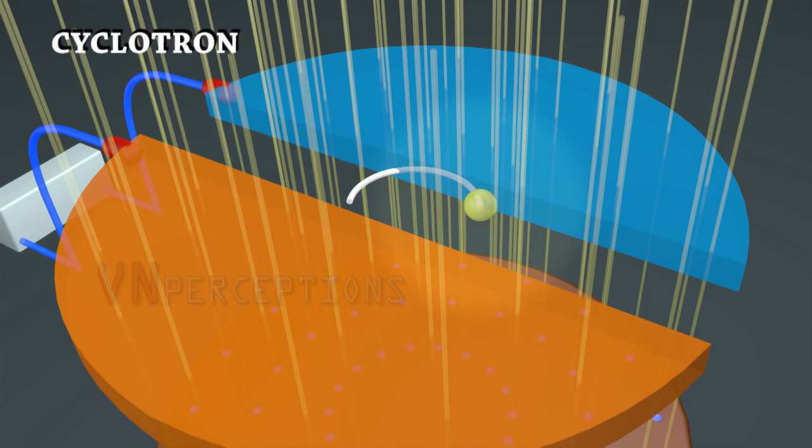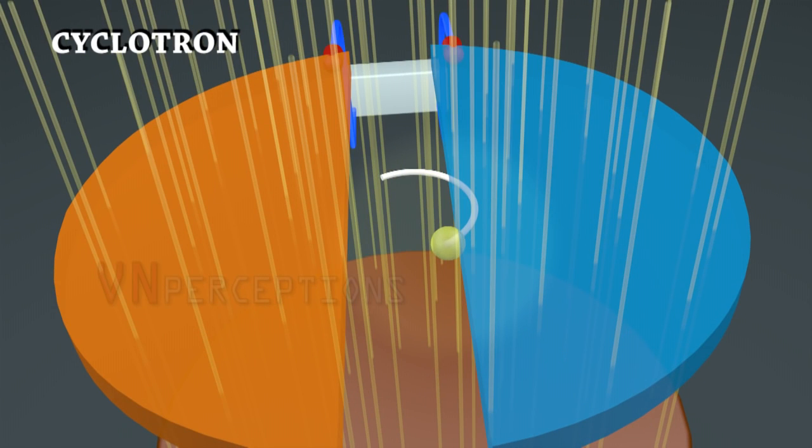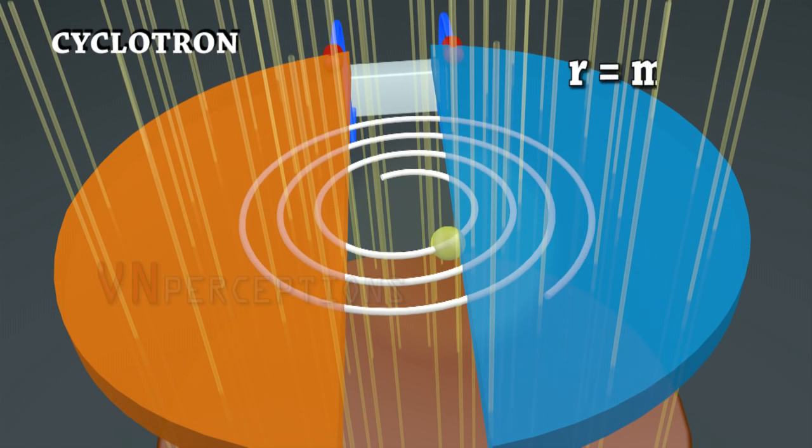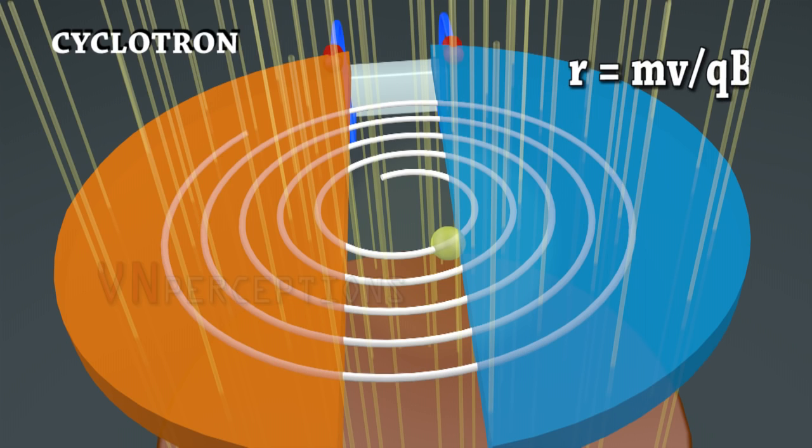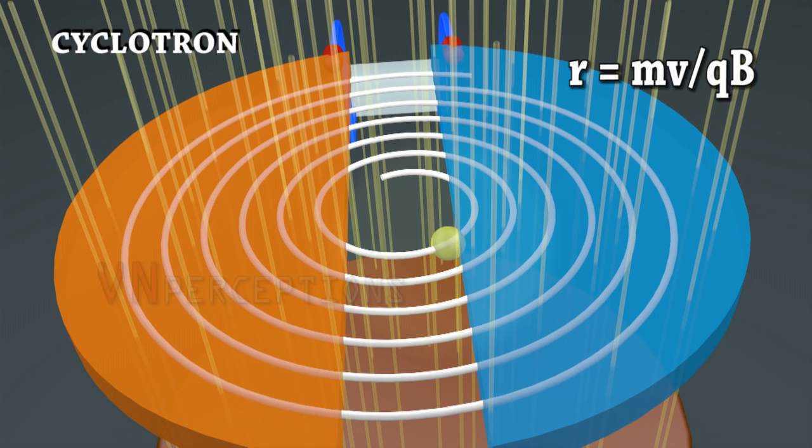It experiences a force in a direction perpendicular to the plane containing V and B. This force provides the centripetal force and makes the charged particle move along a circular path of radius r equal to mv upon qB.